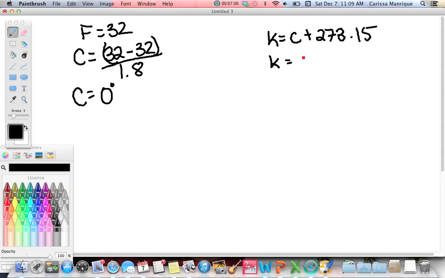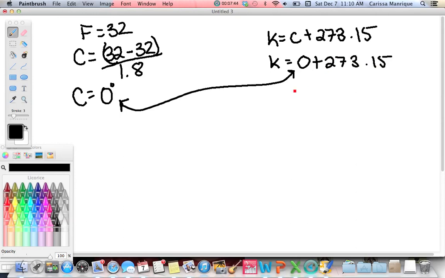We have Celsius 0 from over here, so we move that to right there, plus 273.15. So Kelvin is 273.15. Okay, so hopefully that helps with converting back and forth. We'll do a couple more example problems in another lecture.